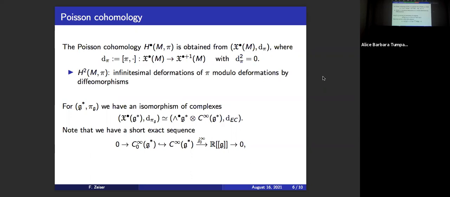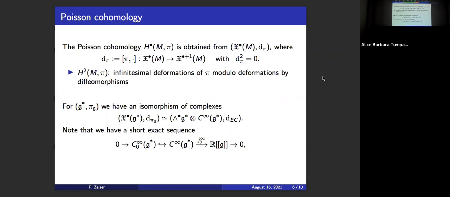And on the other side, it's just the kernel, what we call flat functions, so functions whose Taylor series at 0 is 0. Of special importance are multi-vector fields which are flat, that is, multi-vector fields where we exchange the smooth functions simply by the flat functions. And we denote them with an index 0 here.